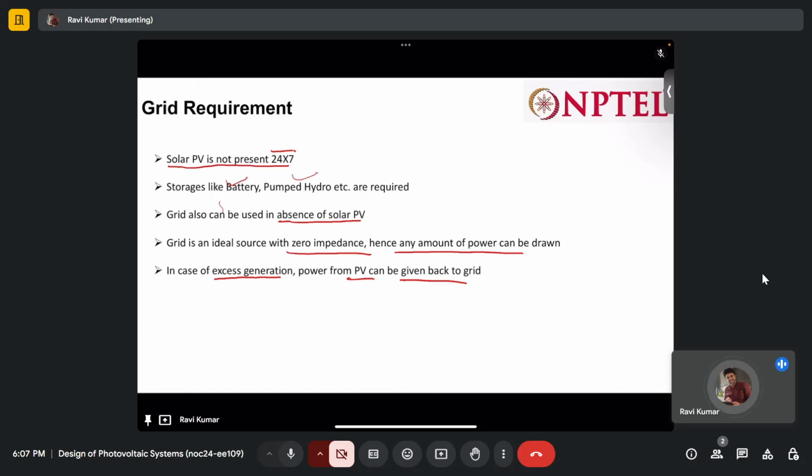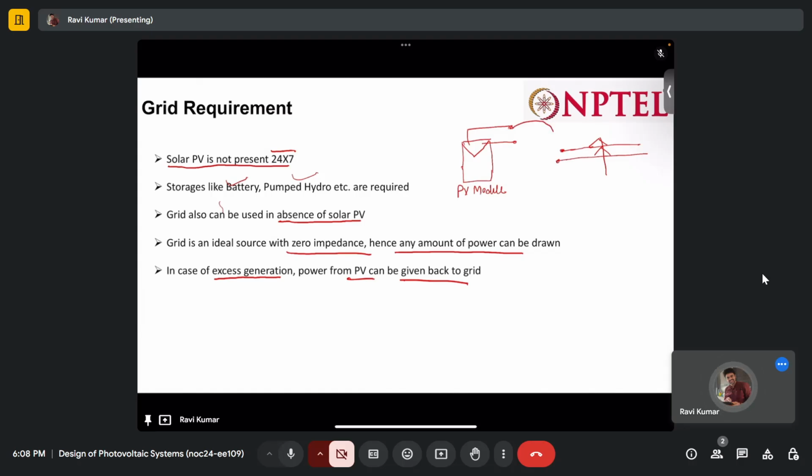But how can we connect? Let's say this is a solar PV module, and these are the outputs, and this is the grid we have.